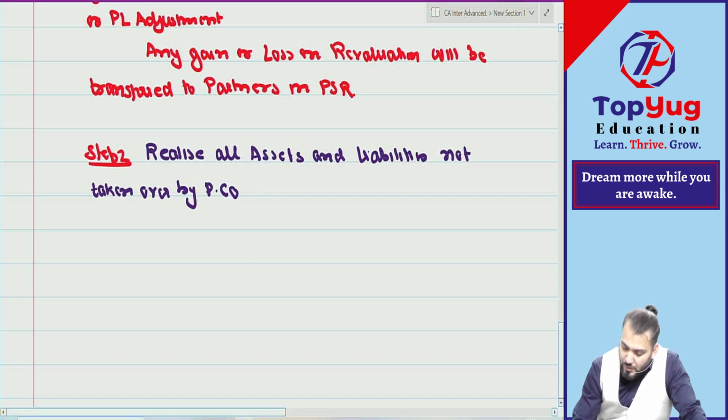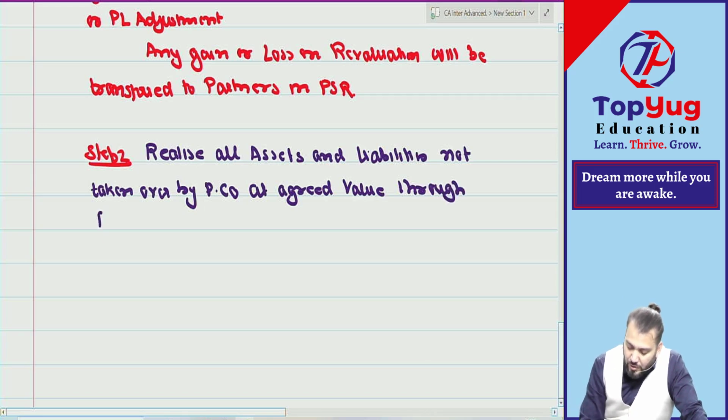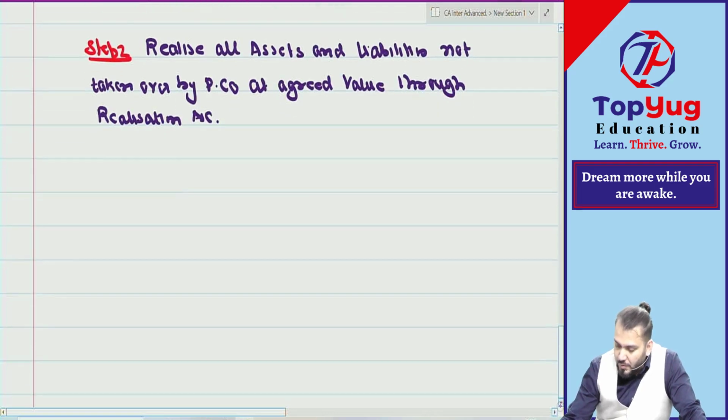Correct. At agreed value. Through which account? Through realization account. Correct. Understood?